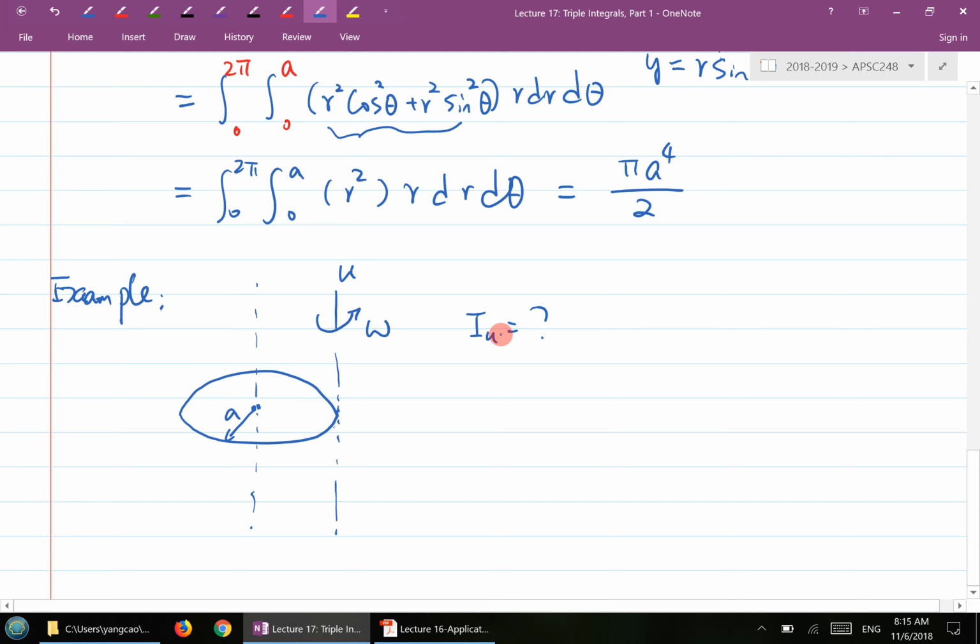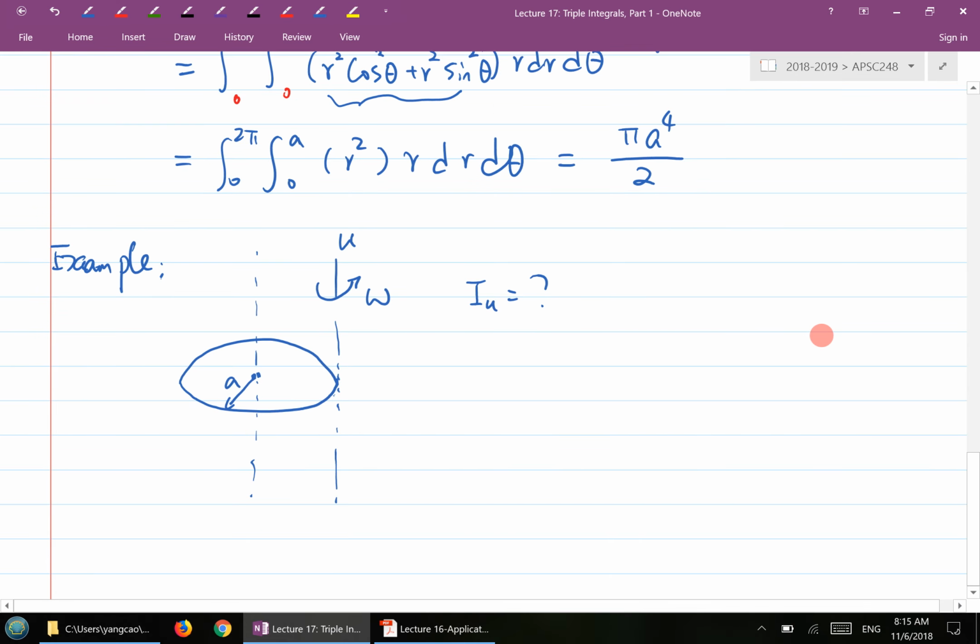So there are an infinite number of axes through the edges there. To calculate the moment of inertia, you always have to put it into a certain reference frame in order to be able to calculate that.